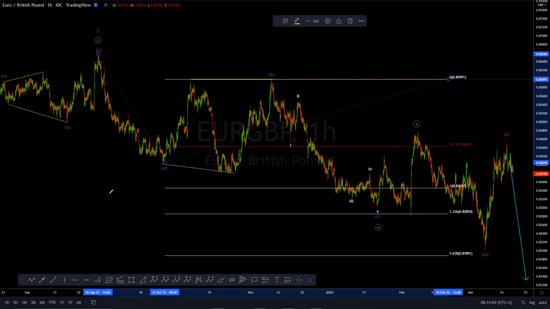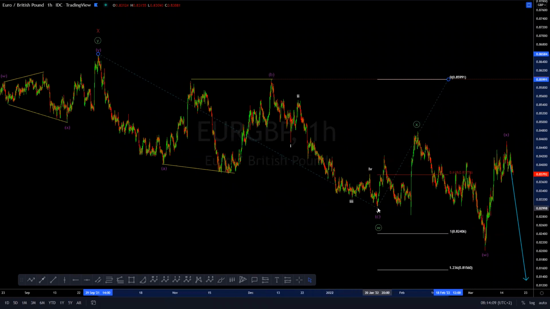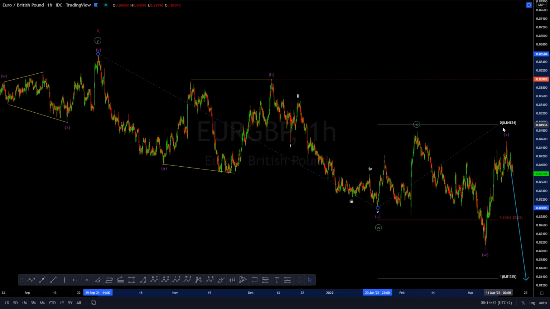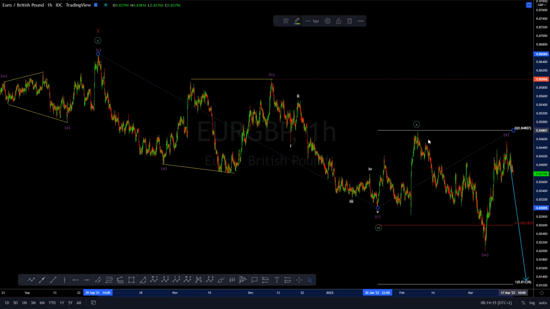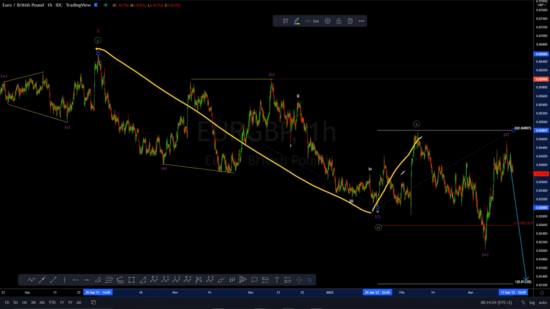All right. So to check again, if within this whole move, Y in red, our X could be done, our Y rather could be done in red. The whole move could be done in red. We also meet the guidelines. If this is W and if this is X, Y in red can be anywhere between 0.618 extension of W and 161.8.